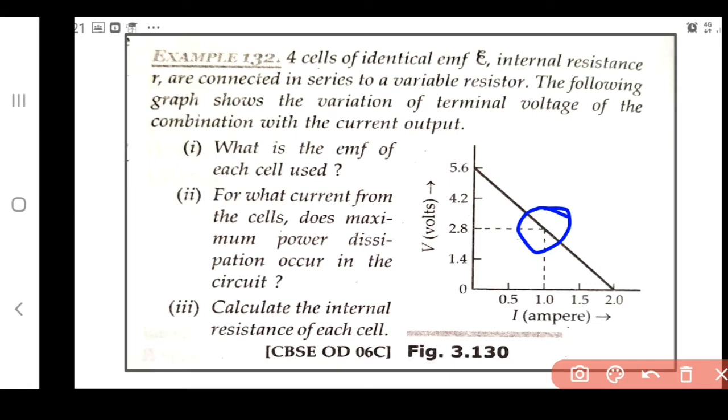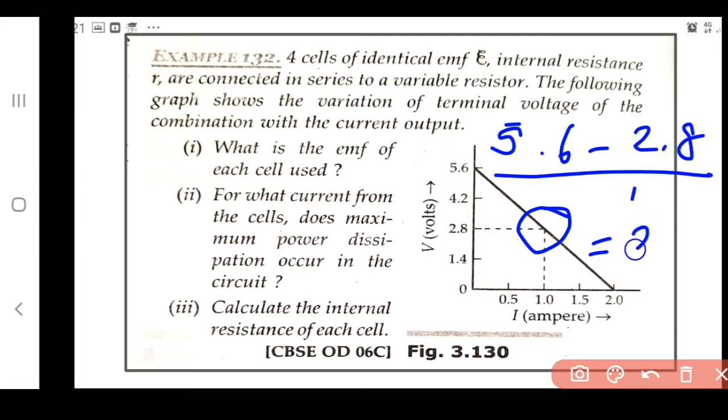So R is equal to epsilon minus V by I. So 5.6 minus 2.8 divided by 1. You will get 2.8 ohm. So 2.8 ohm is the internal resistance of 4 cells.